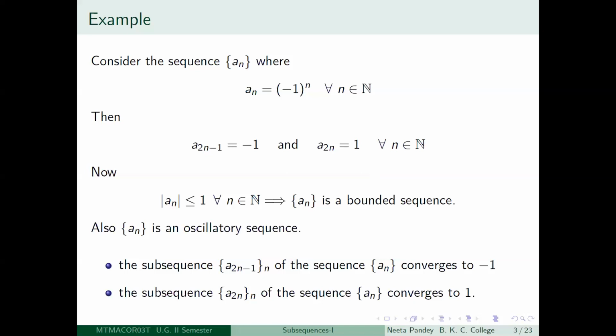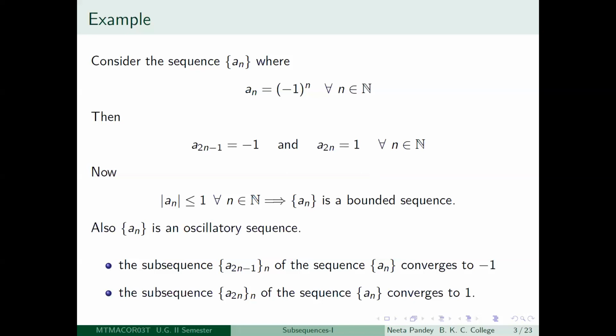If you put n equal to 3, then you get 4 into 3 plus 1, so the 13th term of the sequence, right? So you are getting the 5th term, the 9th term, the 13th term, and so on. So if you give this formula, that you look at all 4n plus 1th terms of the original sequence, where n is varying over the set of positive integers, you will again get a sequence.